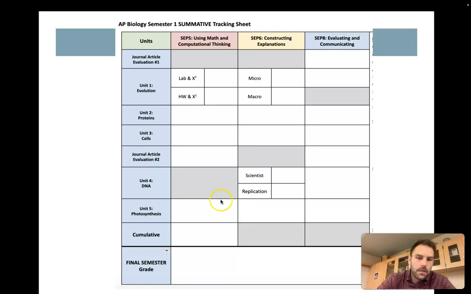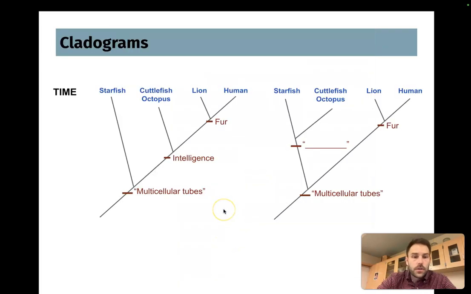When we get back from Thanksgiving break, we're going to be diving into photosynthesis with all of these skills. And then you will have one other summative right here, cumulatively on all the skills that we've been learning for SCP-5 mathematical reasoning.